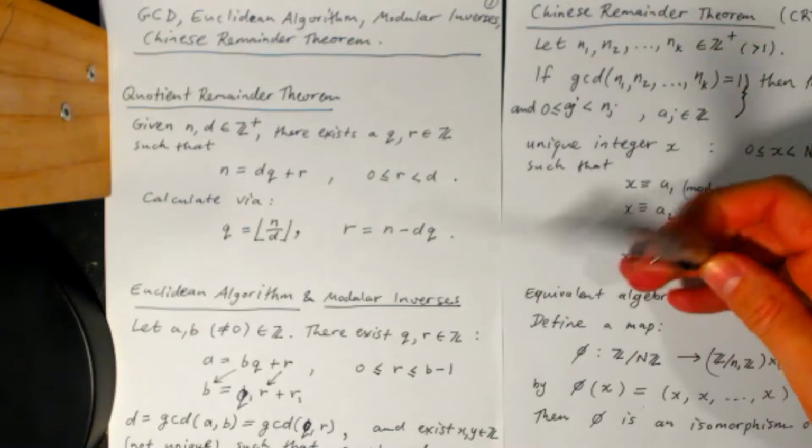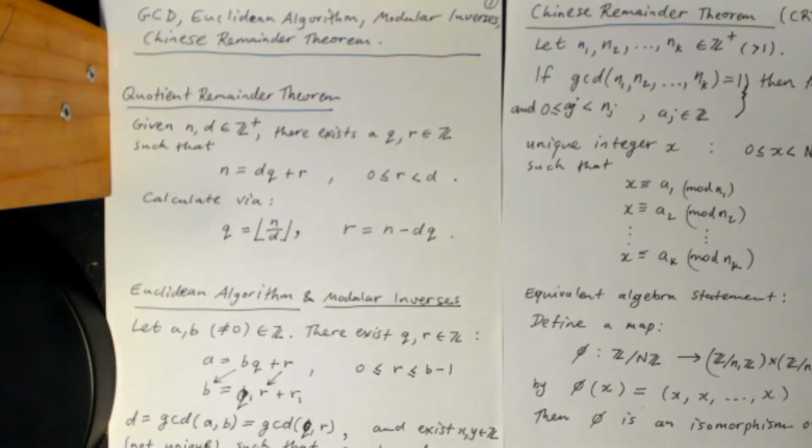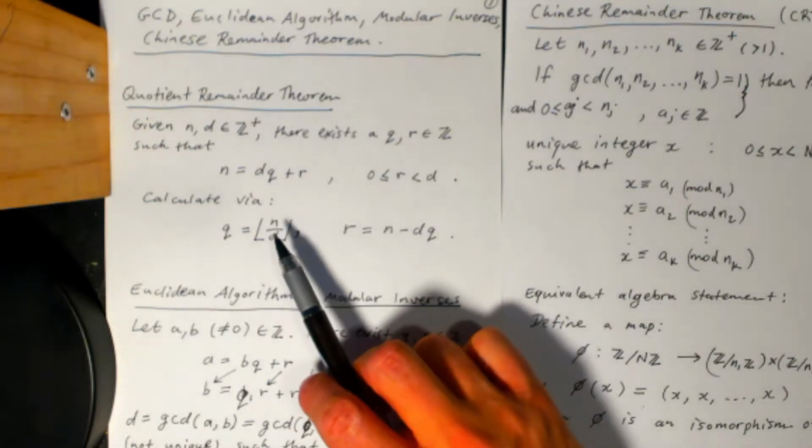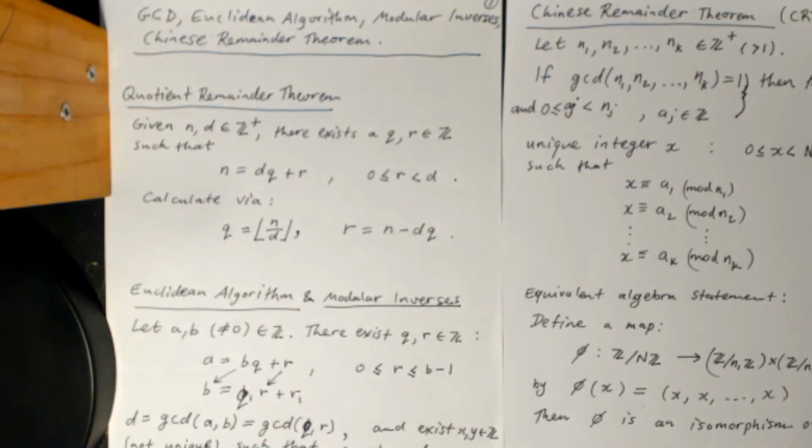You would throw away the decimal part to the right of the decimal point, and you would end up with the number 1 as your quotient. So the quotient is the greatest integer less than or equal to n divided by d.